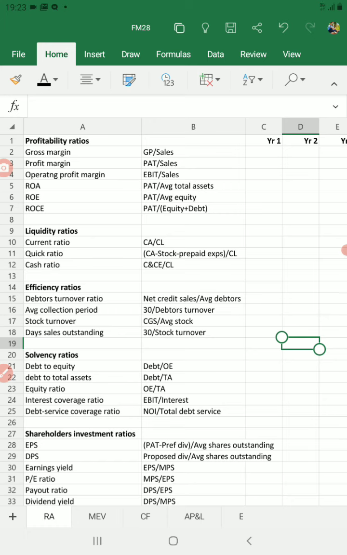Margin analysis measures the ability of the business to turn sales into profit, while the return analysis measures the extent or the ability of the business to produce return for shareholders.